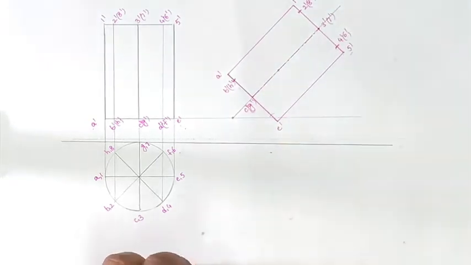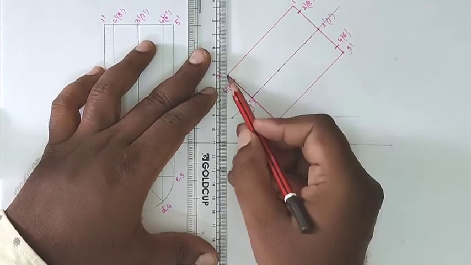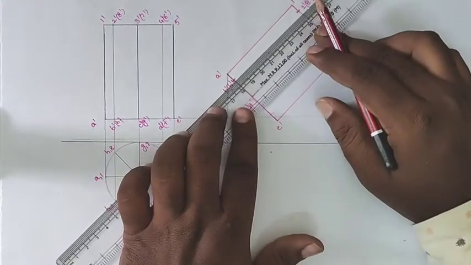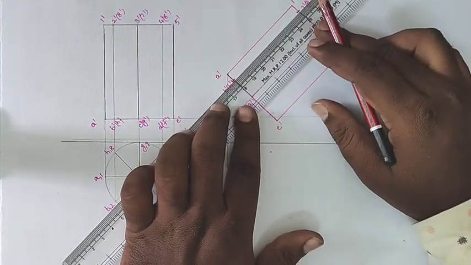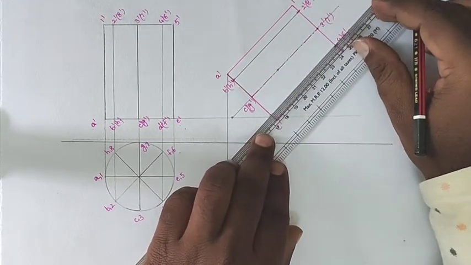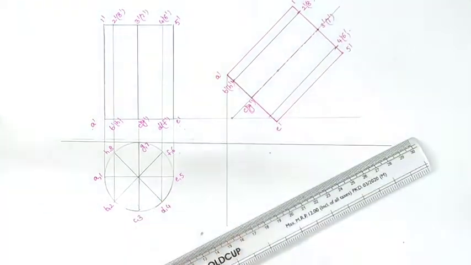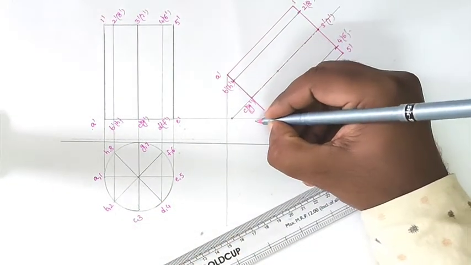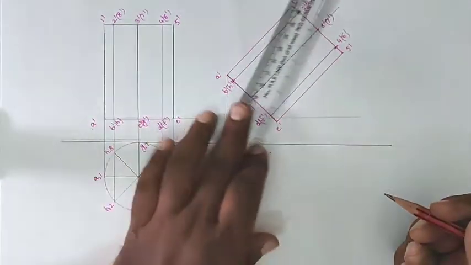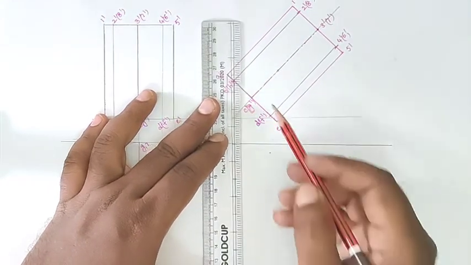Now from the points on the second top view, draw the vertical projection lines. Here, joining this line and this line, joining the generators B dash, 2 dash, and this generator is also joining. Here D dash, F dash. Now from all the points on the second front view, draw the vertical projection lines.